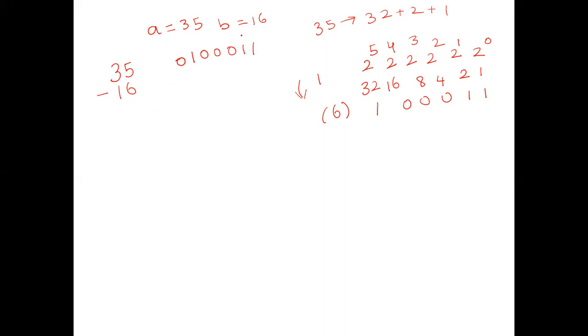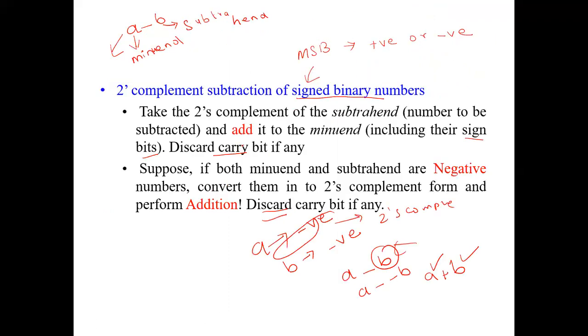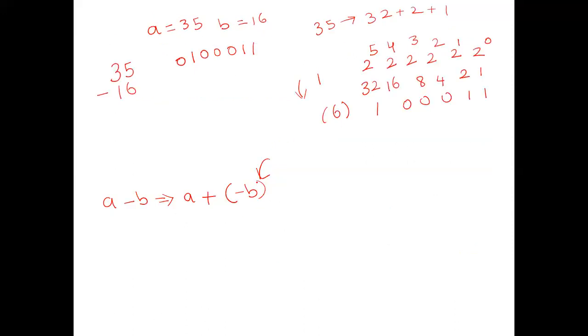Now B is 16, but I am going to subtract A minus B, so I will rewrite it as A add of minus B. The subtrahend is taken as negative, but I am performing addition. So take the 2's complement of the subtrahend and add it to the minuend. The actual B is 16, but here it is A plus of minus B, so B is equal to minus 16.